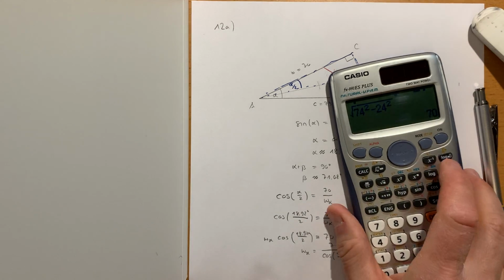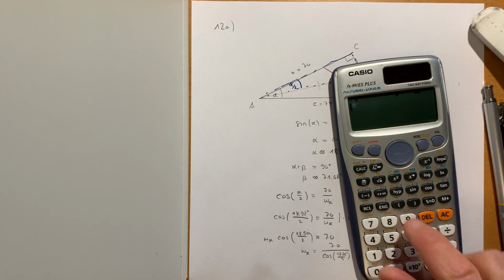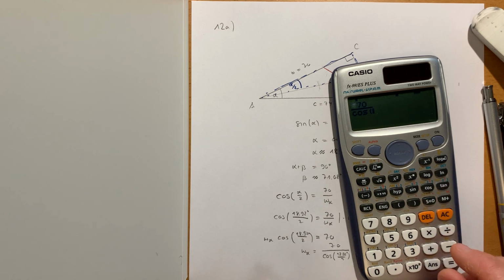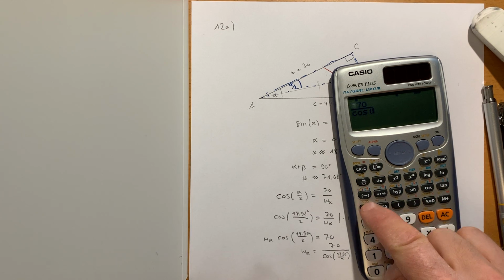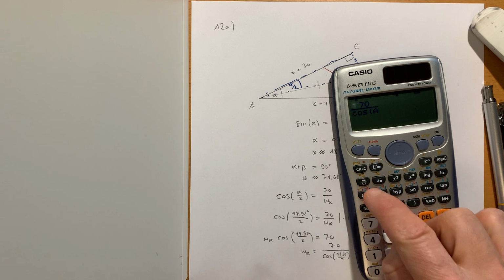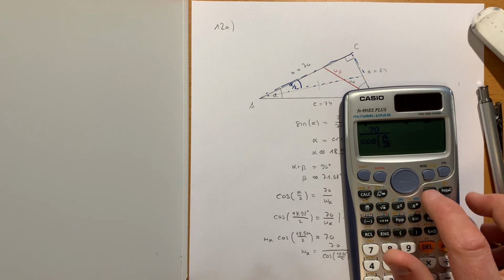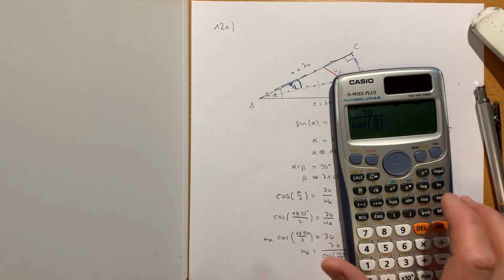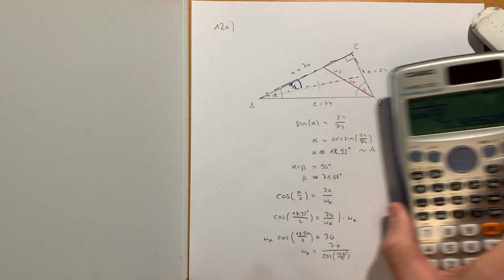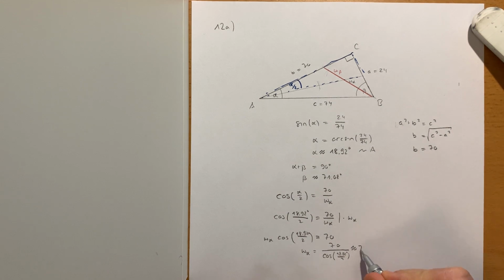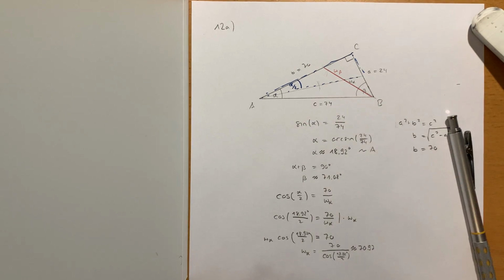I'm using the stored value: 70 divided by cosine of A divided by 2, that's half of alpha. We're going to get 70.97 units of length.